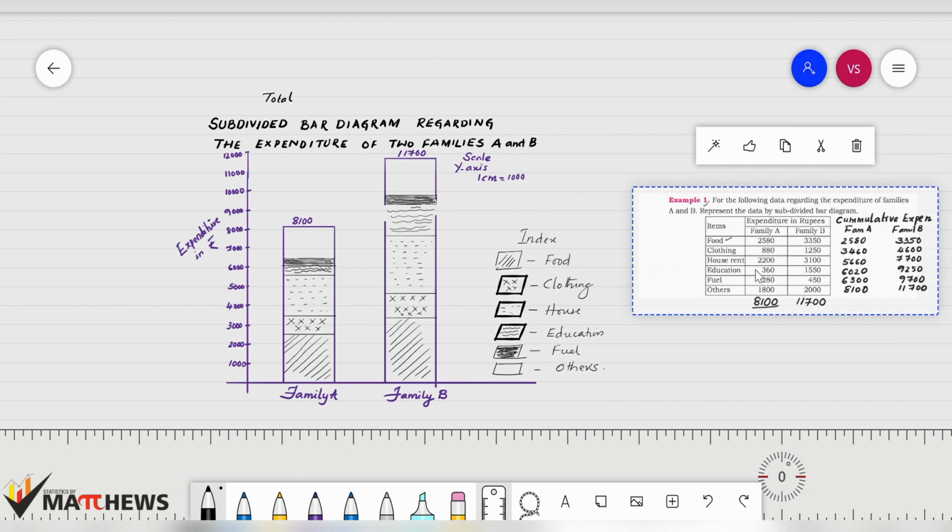This is the data, and this is the diagram it looks like. I hope you have understood how to do it. If you have not understood, you can go back, rewind the video and play it once again. If you still have queries, please call up and you can speak to me and clarify the doubts. Thank you very much.